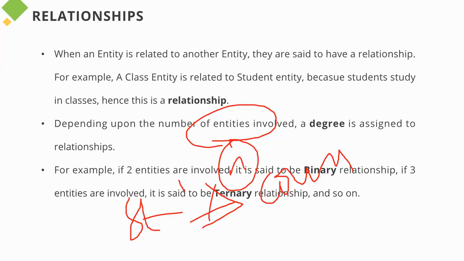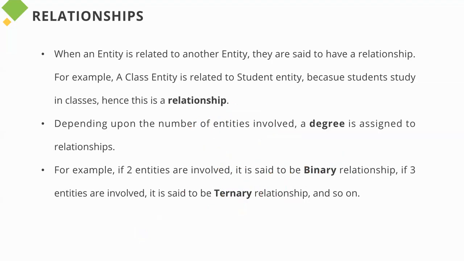So what is the degree of this relationship study, you can say it has n. If two entities are involved, you can call it a binary relationship. If three entities are involved, it is said to be a ternary relationship. So these are different kinds of relationships.